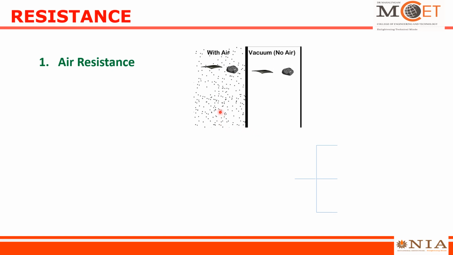But in air, you can note the paper component is floating because the air particles produce resistive forces against the movement. So during the movement of a vehicle, the air particles in the atmosphere produce resistive forces against the movement of the vehicle, which we call air resistance.